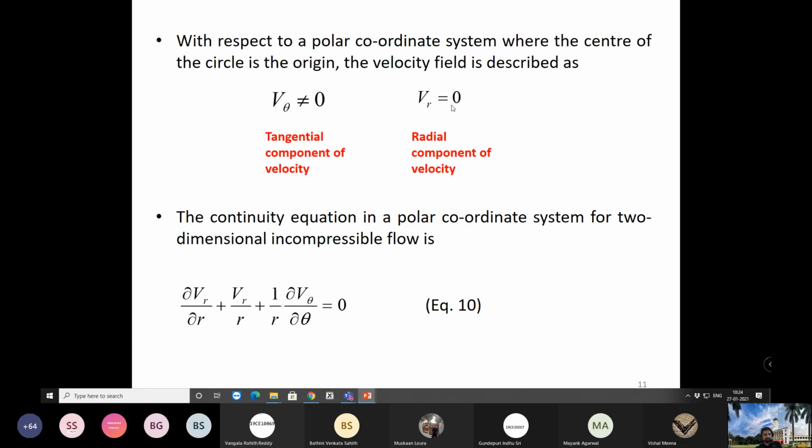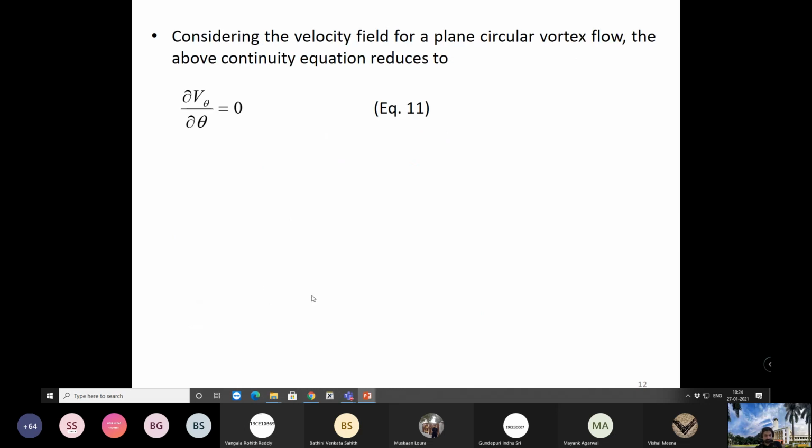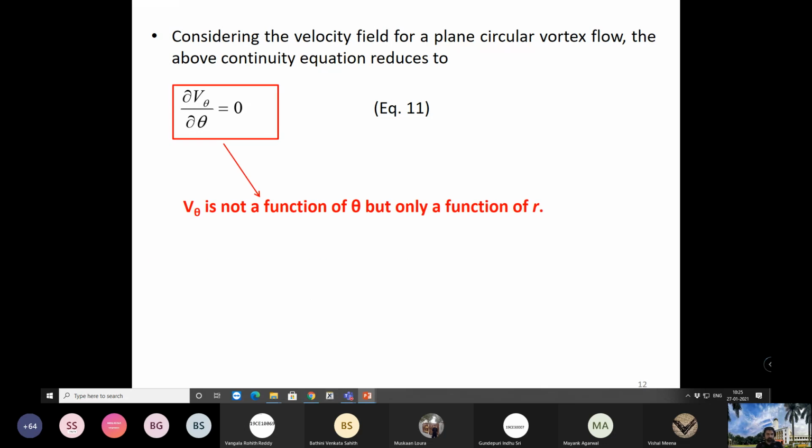So, if you apply V_r is equal to 0 to this continuity equation, this term will be 0. What we are going to remain with is del V theta by del theta is equal to 0, which implies that V theta is not a function of theta, but only a function of r.